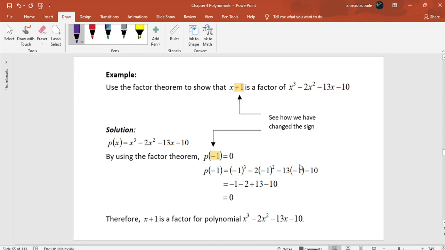Okay, so this is how we prove whether your divisor is a factor of your polynomial. You must show that whenever you substitute your x value, you will have 0 remainder. Meaning, if you substitute and have another value other than 0, then you will decide that your divisor is not a factor of this polynomial.